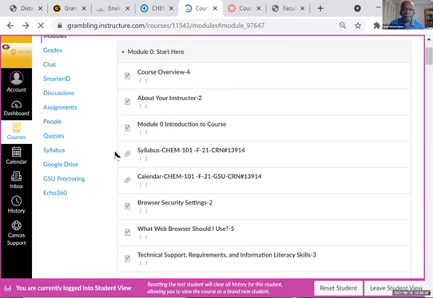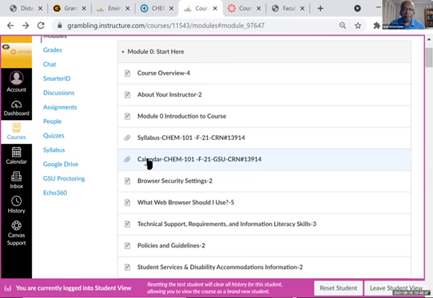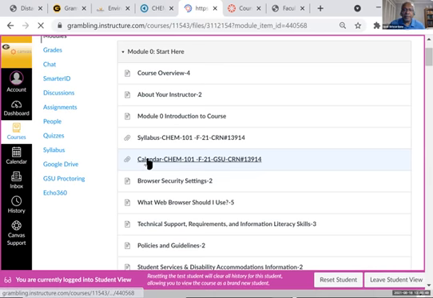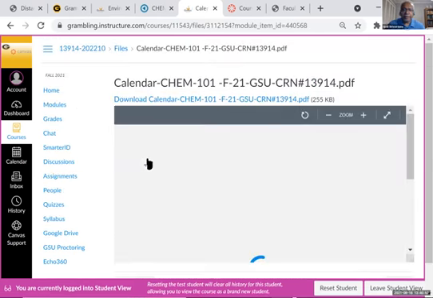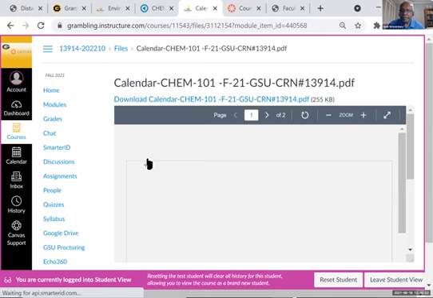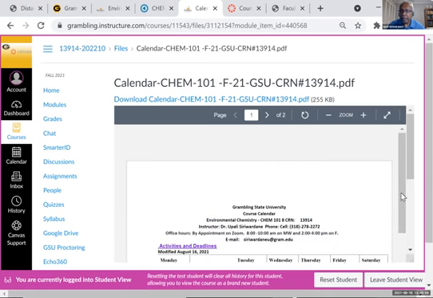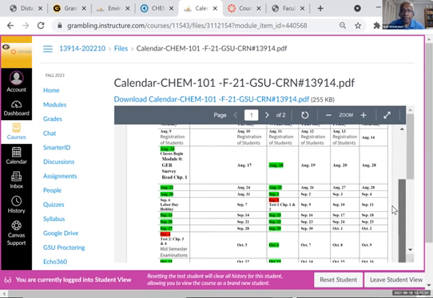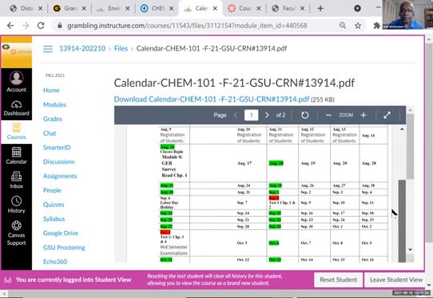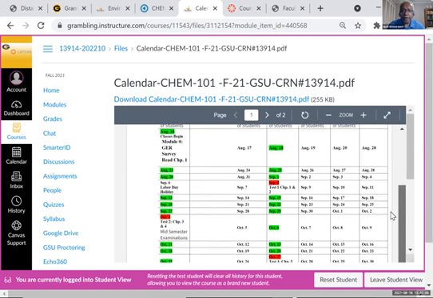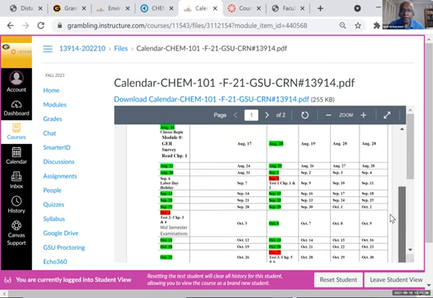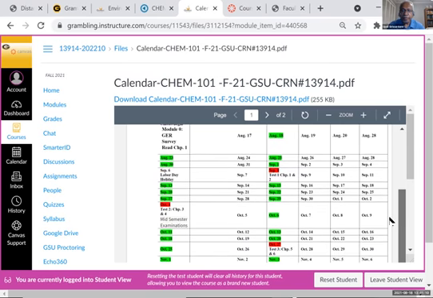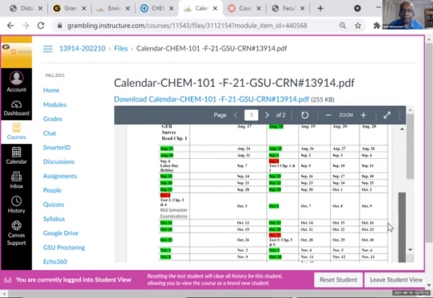Okay, course calendar. The events that take place in the course during the semester are outlined here. Basically it shows the dates you attend the classes in green and the days on which you take the test.